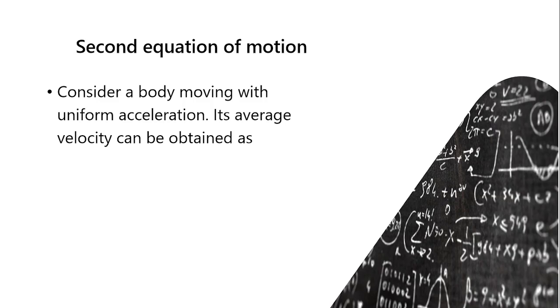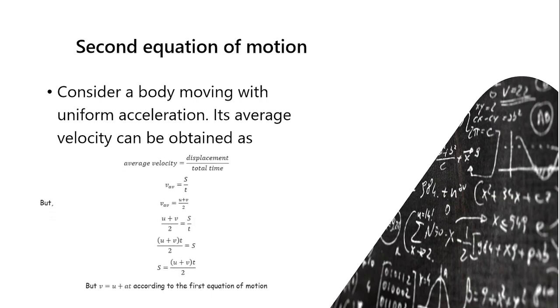Consider a body moving with uniform acceleration. Its average velocity can be obtained as follows. Average velocity equals displacement over total time taken. The displacement can be denoted by s, so average velocity equals s over t.